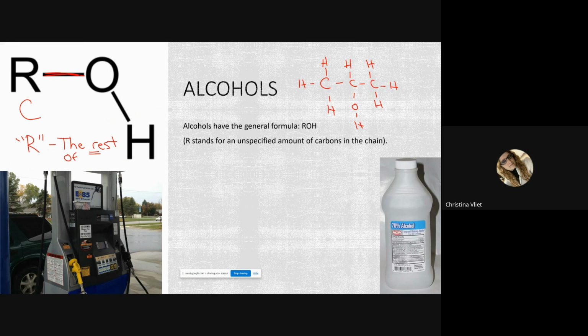Yes. All of this here is the R group. The OH connected to a carbon is what makes it an alcohol. That's why I said you might want to highlight or use colors. This is what makes it the alcohol right there. So, alcohol.